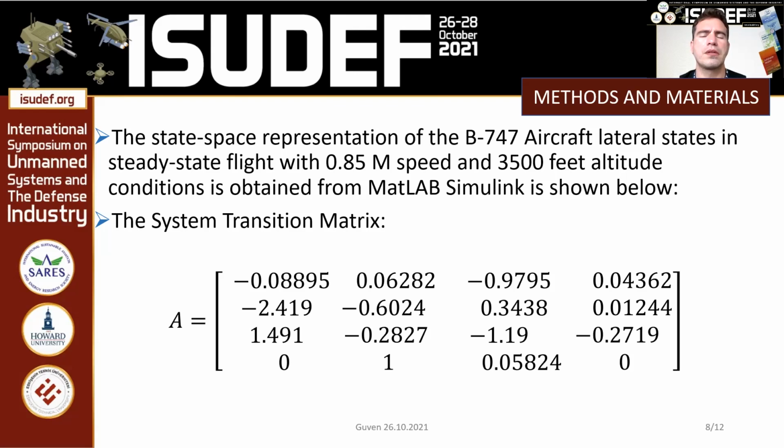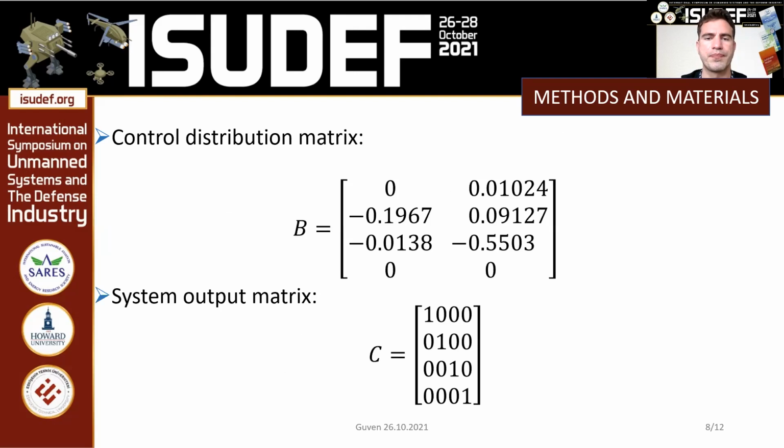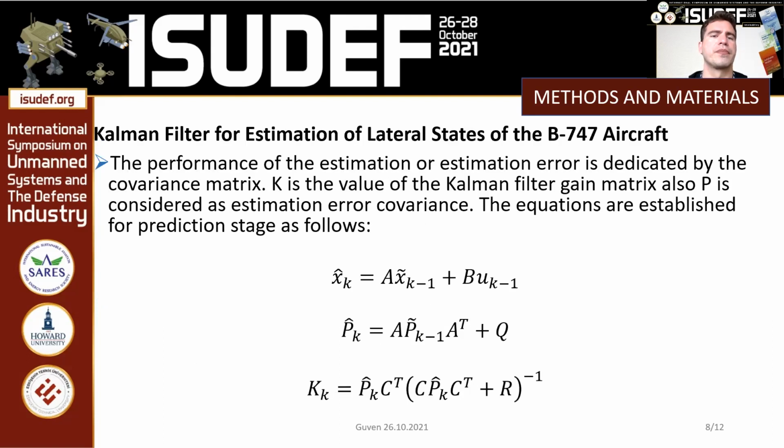Our nonlinear Boeing 747 flight model is linearized around this operating point, and via MATLAB Simulink software, the state space representation of the lateral flight dynamics is gathered as shown below. Here, A is the system transition matrix, B is the control matrix, C is the output matrix.